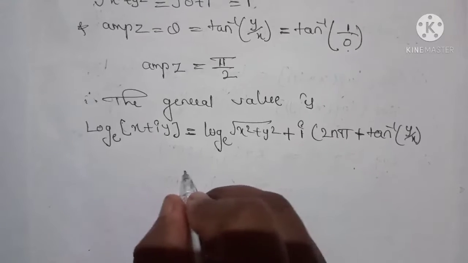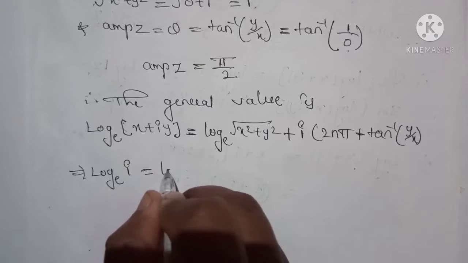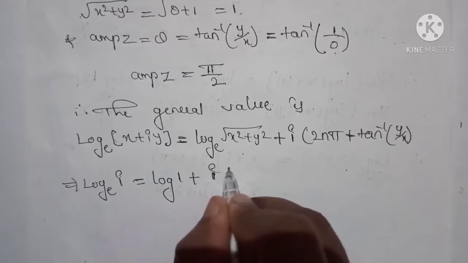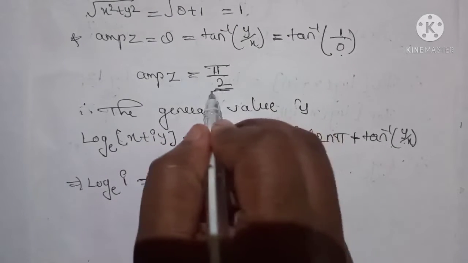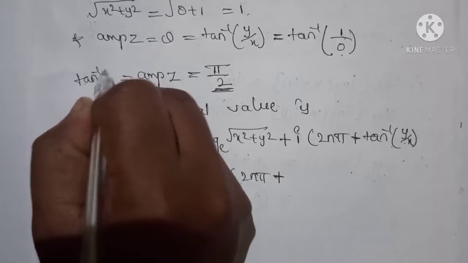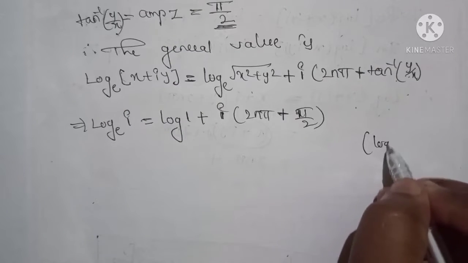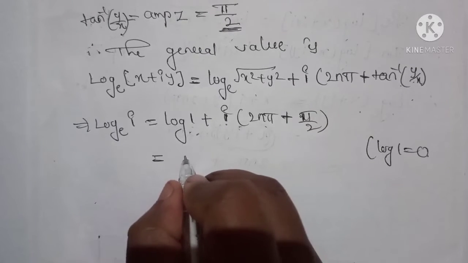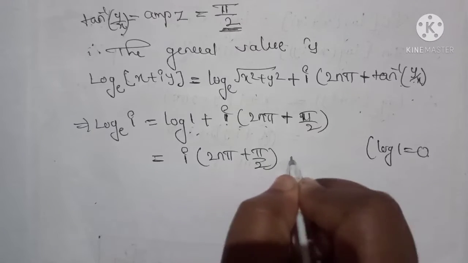Now the given question log i equals log of the square root of x square plus y square, which is 1, plus i into 2n pi plus tan inverse of y by x, whose value we got as pi by 2. And we know that log of 1 is 0. So therefore we get 0 plus i into 2n pi plus pi by 2. This is the general value.